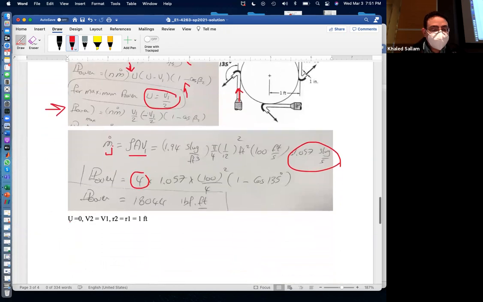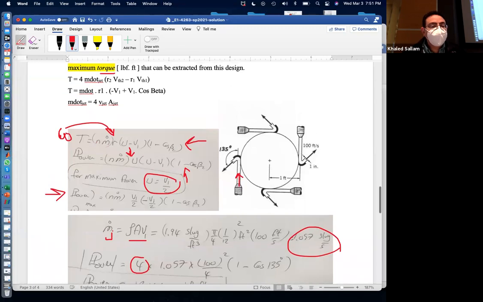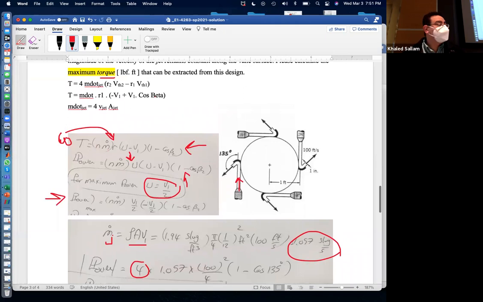If you set u equal 0 over here, you will get 4 times m dot jet, and this would become r minus v1, 1 minus cosine beta over 2. Or simply m dot r (1 minus v1 plus v1 cosine beta). So we can just come up with that number immediately just by making u equal 0.